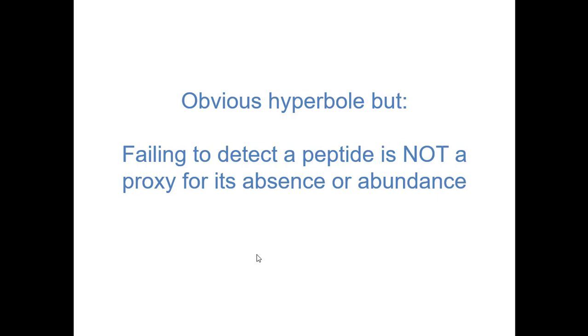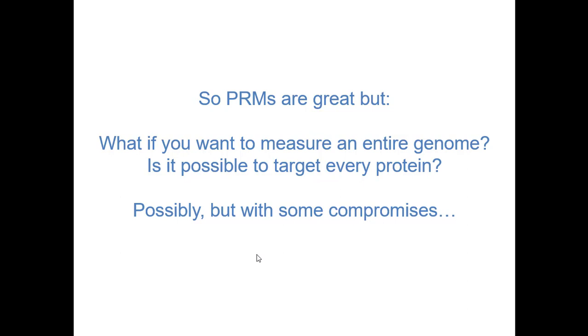I think this is an important point. Failing to detect a peptide is not a proxy for its absence or abundance. We've talked a lot here about SRMs and PRMs, and they're great, but they're on a fairly limited pool of peptides. So one of the questions that I hope is on at least a few of your minds is how can we scale this up?